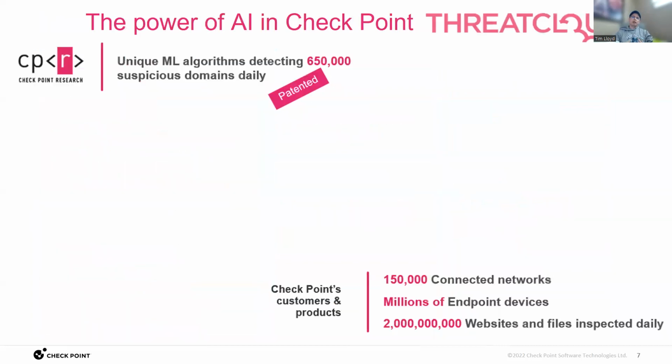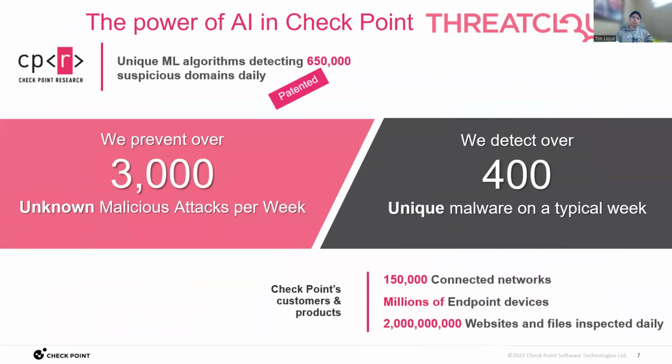So this is why we do IPS so well at Checkpoint. It's one of our strong suits. We're not bashful about that, and we're quite proud of it. We're seeing thousands of attacks every week in the threat cloud. We're preventing over 3,000.